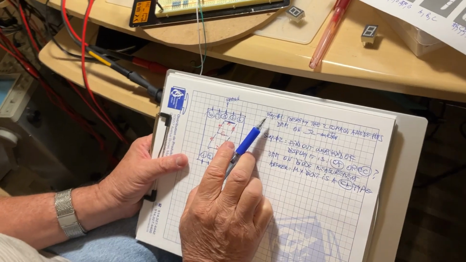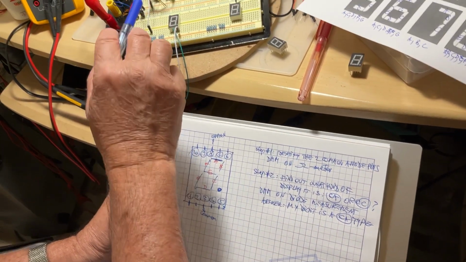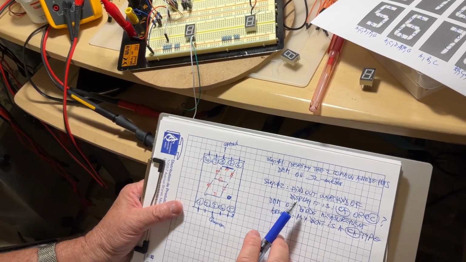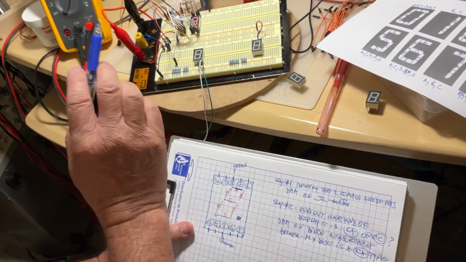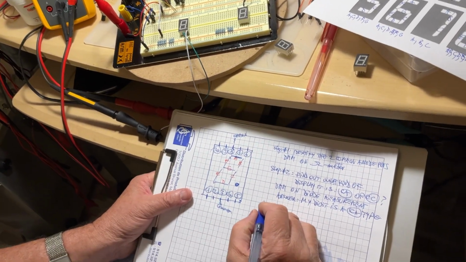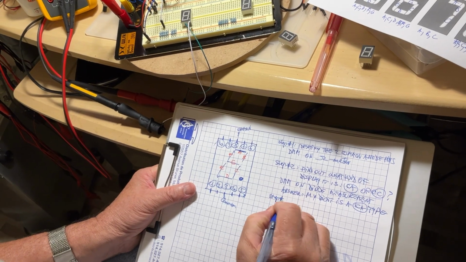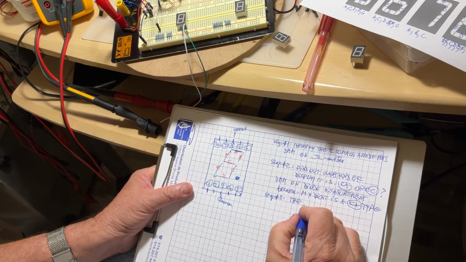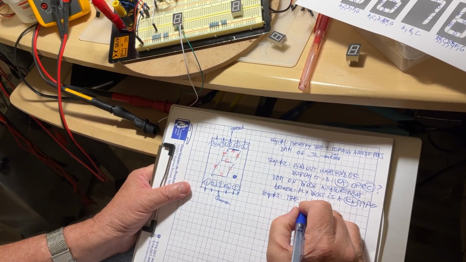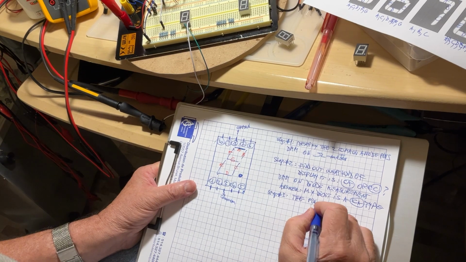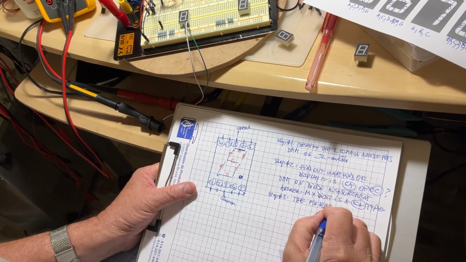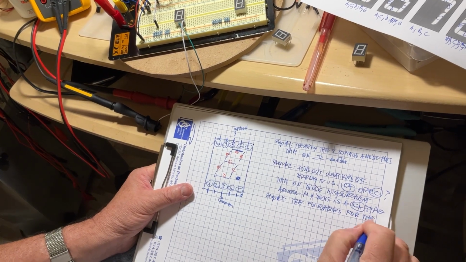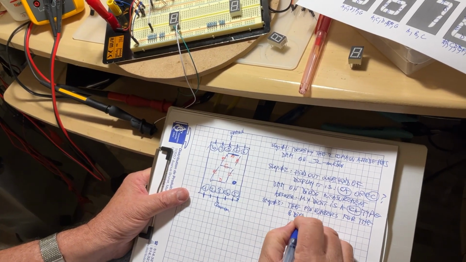So I had step number 1: I identified the two terminals representing the common. And then step number 2, I found out that my display is a common anode type. And I have now the last step, number 3: the pin numbers for the 8 diodes.